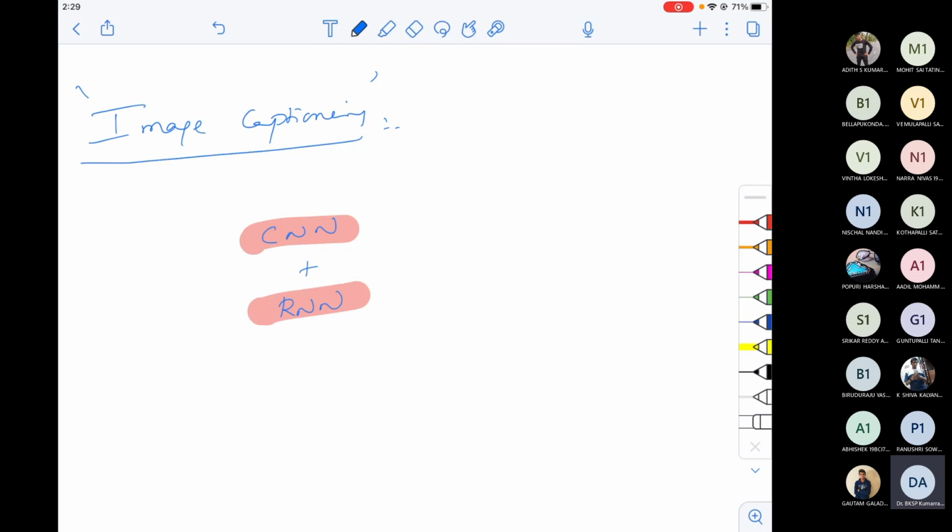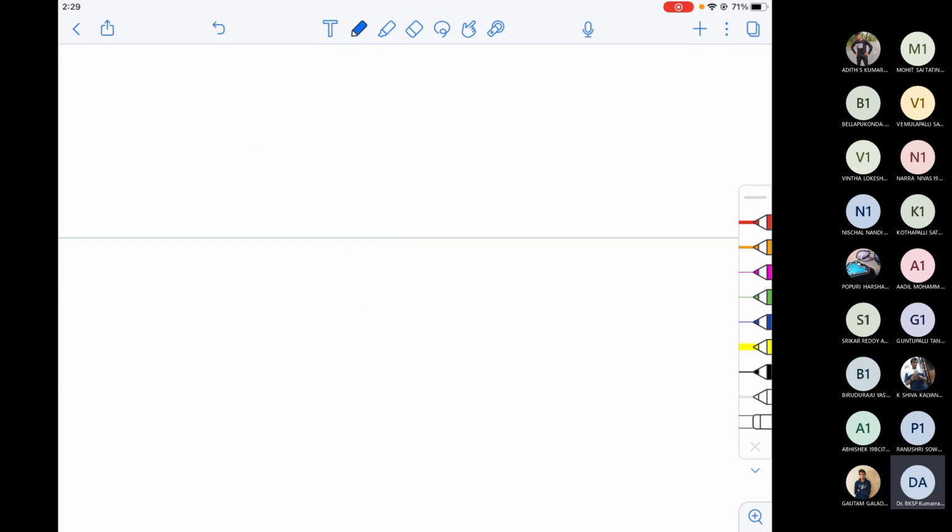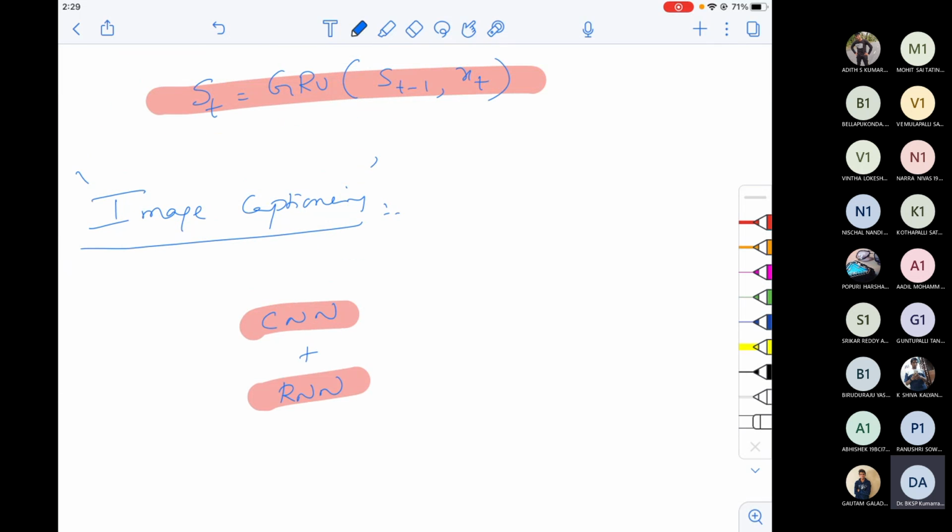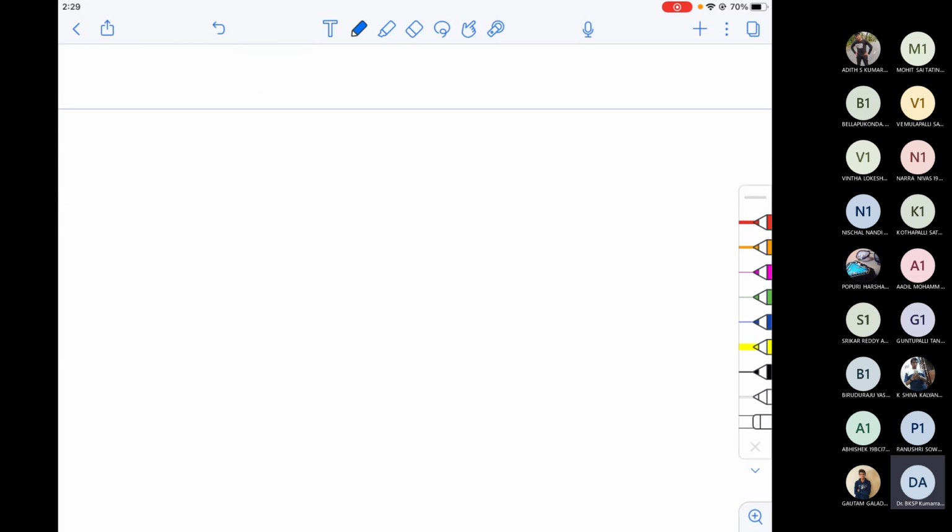Firstly, what is image captioning? Think that you have been asked to generate a caption for an image.